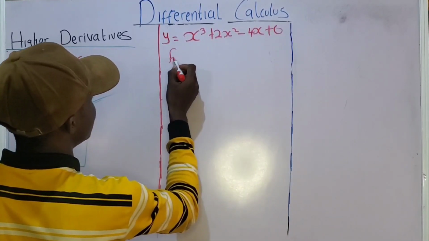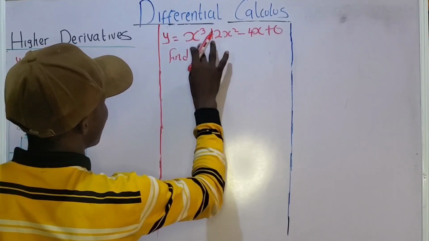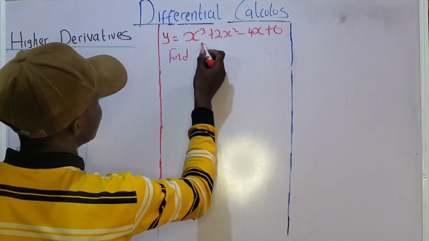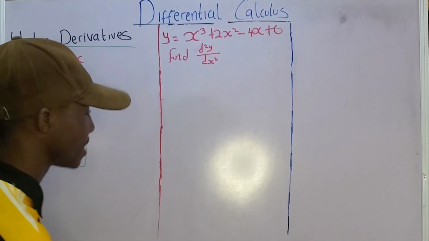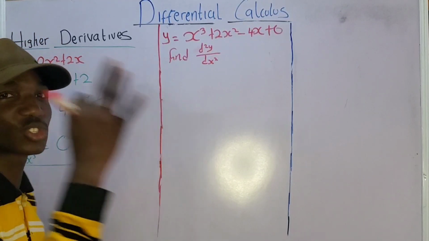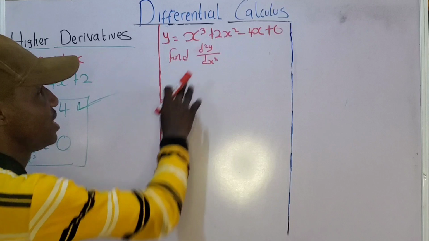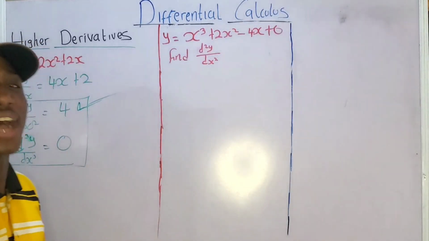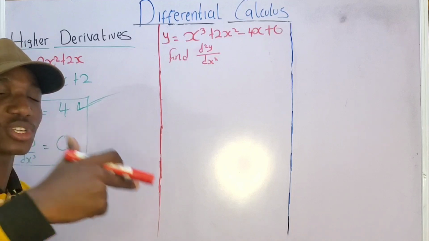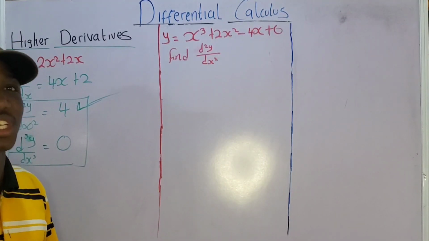We are asked to find d squared y over dx squared. The meaning of this is that you are to differentiate this function twice. This is called higher derivative because we are going to differentiate the function the first time and we are still going to differentiate it a second time.